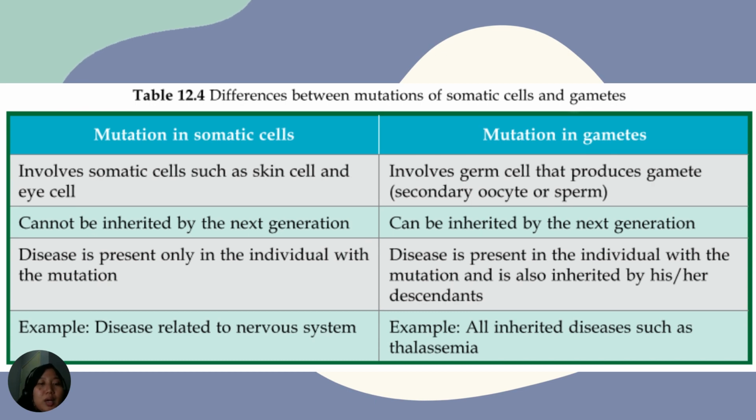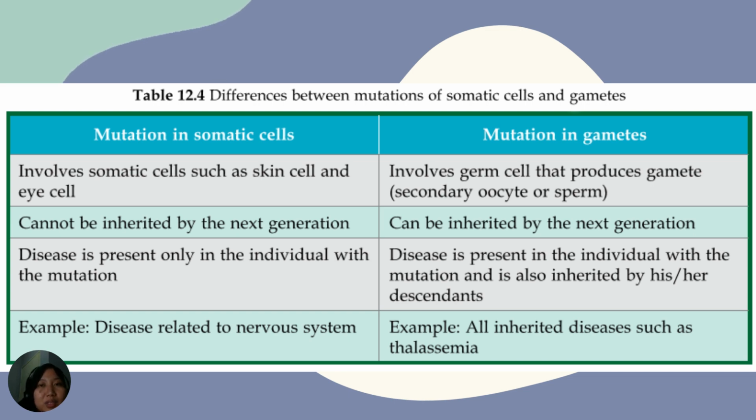So now we're going to make a comparison to differentiate between mutations of somatic cells and gametes. All right, if mutations happen in somatic cells, they involve somatic cells such as skin cells and eye cells.